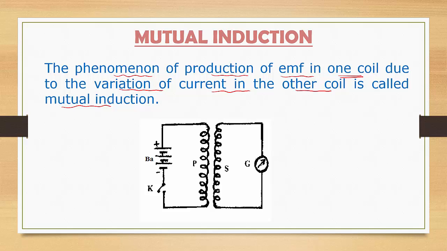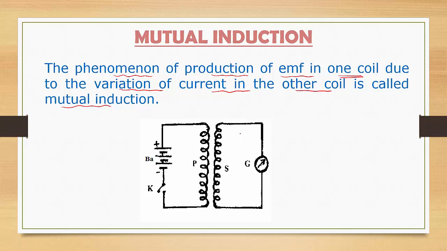But in self-induction, in the same coil, current changes and in the same coil, again, one more current is induced. But here, we are going to consider two coils. Is it clear? So now let us study in detail about mutual induction.